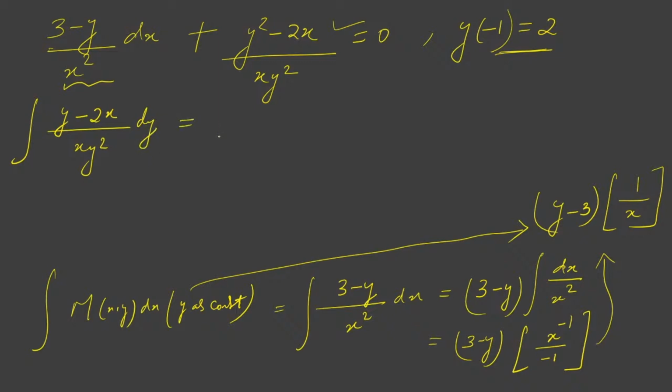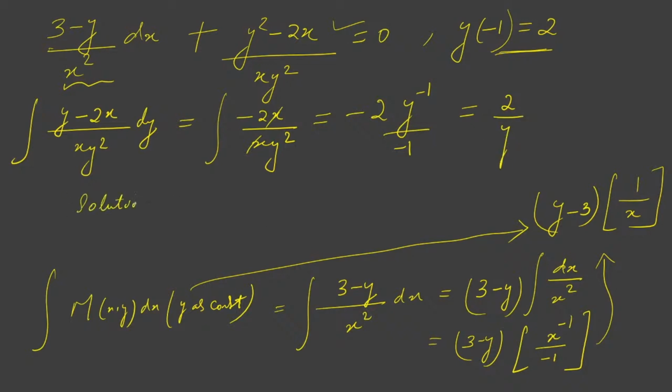So you can write here integration of minus 2x by xy square. So x cancels. So integration of minus 2 divided by y square. So minus 2 y to the power minus 1 divided by minus 1. So again you will get 2 by y, because minus minus will give you a positive quantity. So 2 by y.